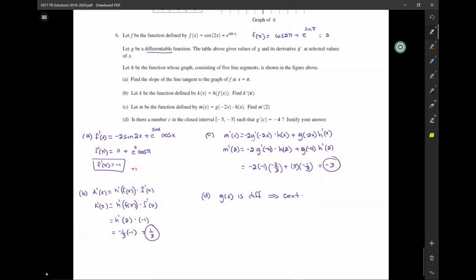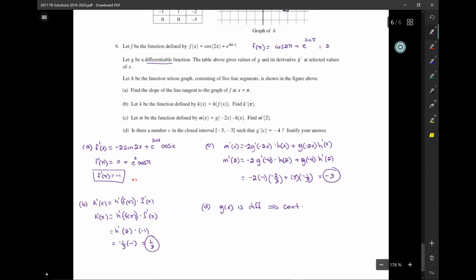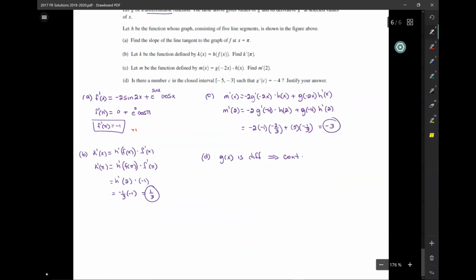Say, the mean value theorem says there has to be a point such that the slope of the secant line equals the slope of the tangent line. So can we find the slope of the secant line from negative 5 to negative 3? Why don't we do that here?